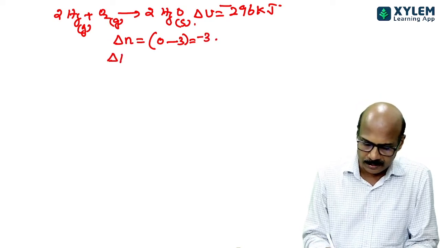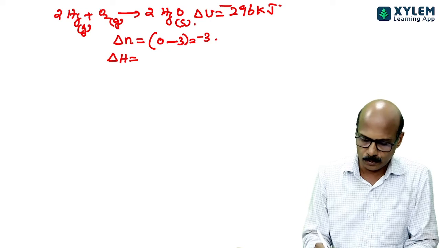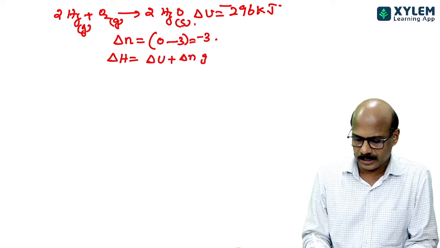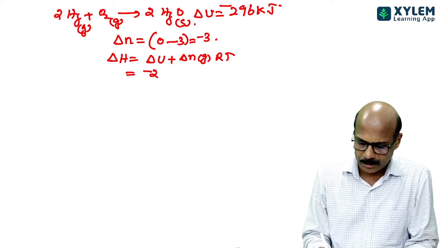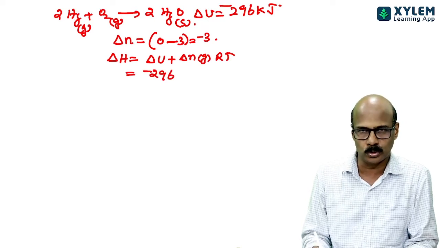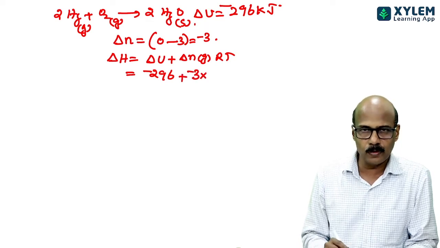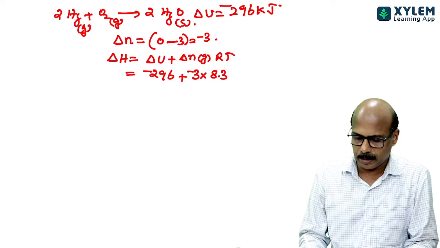So what will be delta H during the process? Delta H equals delta U plus delta n g RT. So delta U here is minus 296 kilojoule plus delta n g, which is minus 3. The value of R can be taken as 8.3.